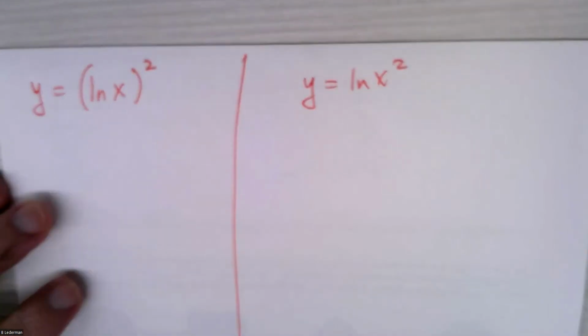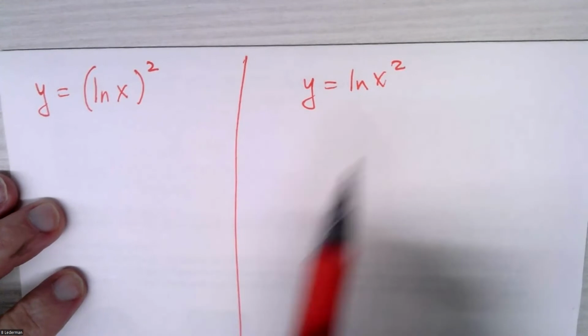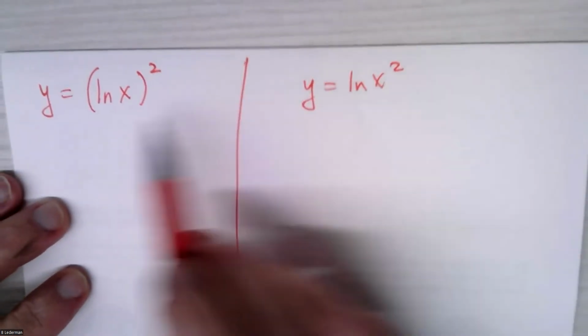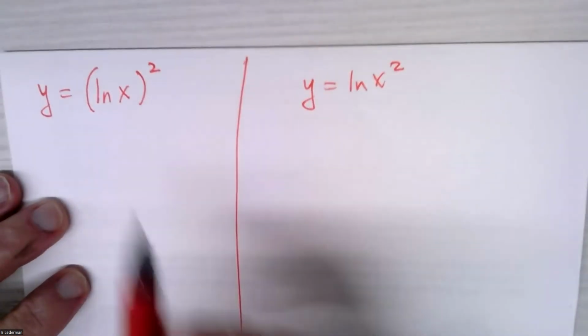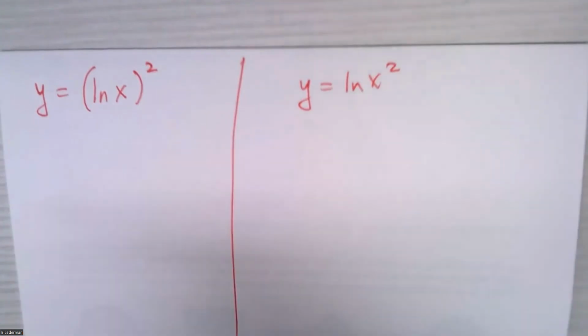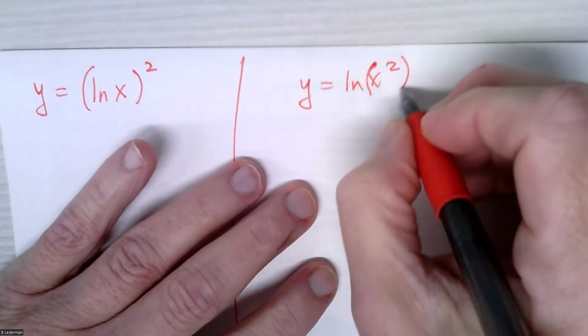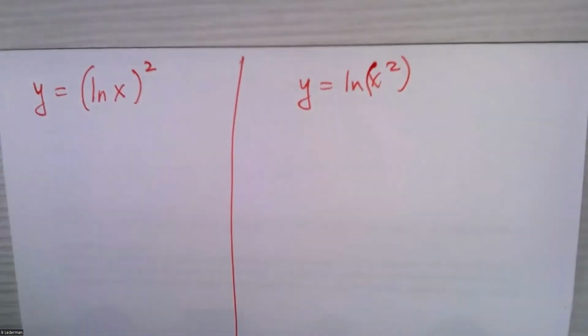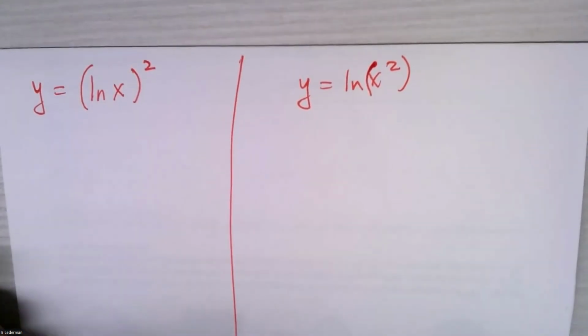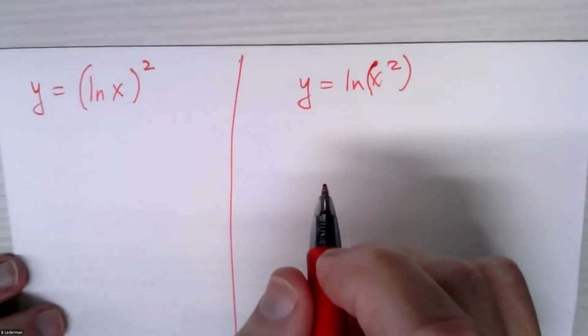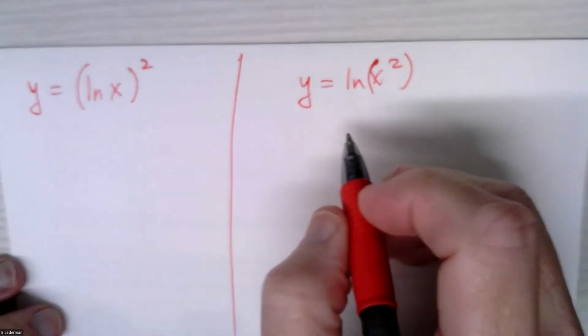Let me just delineate that. So here I have the ln of x squared. Here I have the ln of x squared. But really there's a parenthesis here. I didn't write it, but really there's a little parenthesis in there. It's the ln of x squared. Now, let's do this one first.